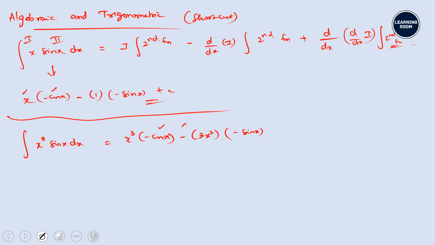Here you have a minus, the plus integral of 3x square 6x integral of minus sin x cos x. Here you have a plus here. Next step minus derivative of 6x integral of cos x. You can do and see in the long process as you get the answer.